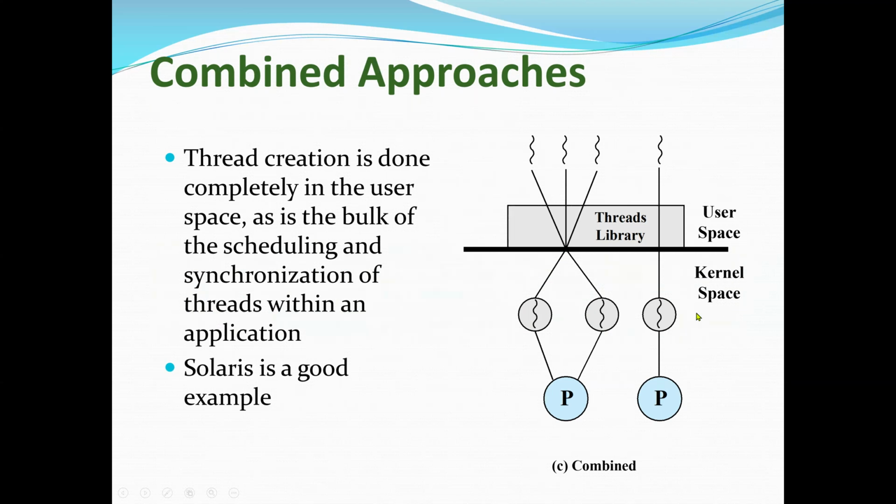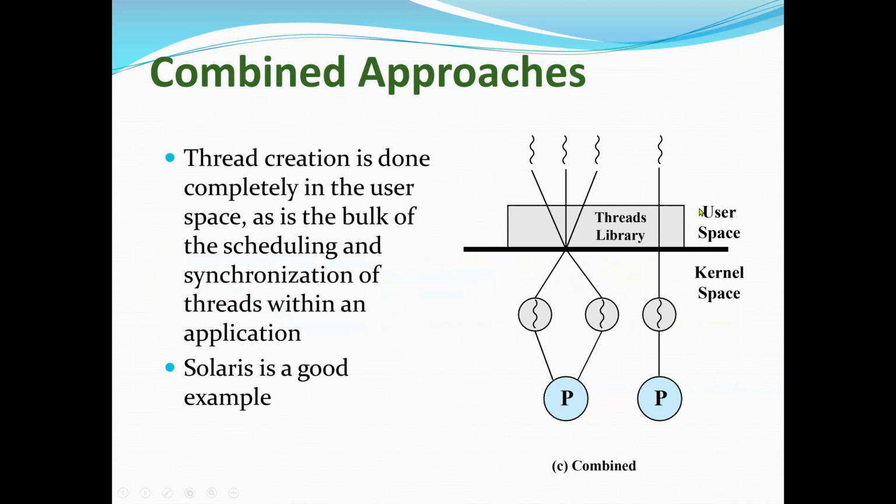We have our process with some threads at the user level and also some threads at the kernel level. In the combined system, thread creation is done completely in the user space, as is the bulk of the scheduling and synchronization of threads within an application.